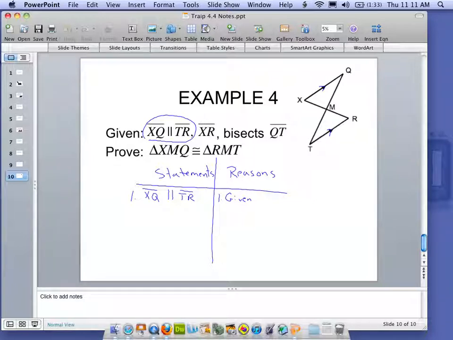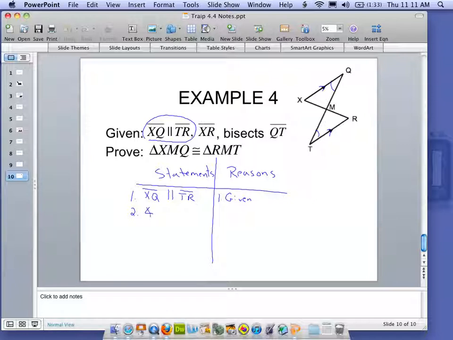Now, before I go to the next given, what I want to say here is that I have a set of alternate interior angles that are congruent. I learned that in chapter 3. When I have parallel lines and a transversal, alternate interior angles are congruent.